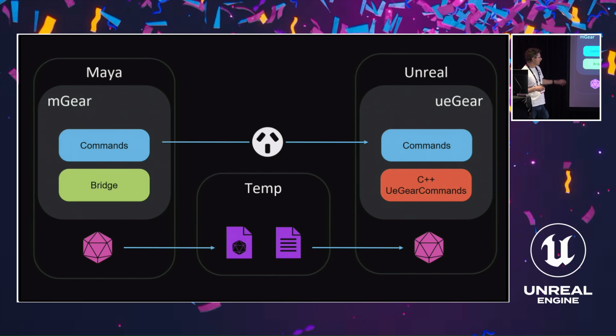So what we do is this isosphere that you see here that is in Maya will basically generate a folder in a temp location. We export that using our FBX. If we have any other extra metadata, we'll export it into that same temp folder. And then mGear with the command, it'll just pass a location. It'll say, do this command, and this is the location you want to do it.